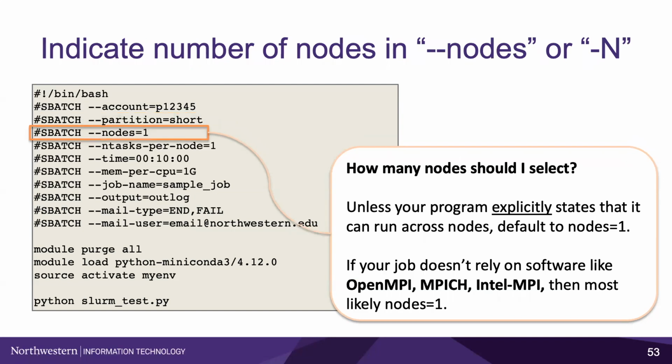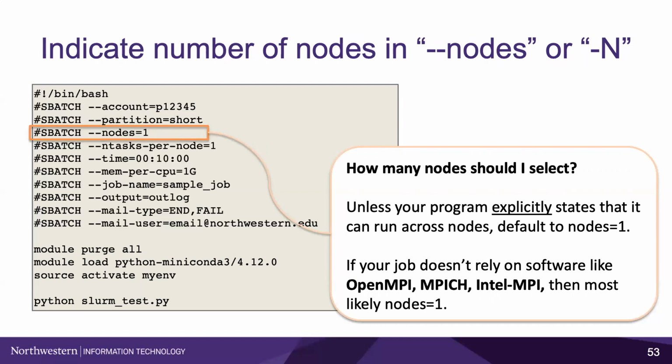Next up is the nodes directive. This is where you indicate the number of nodes that you want to request for your job. And as I might have mentioned in a previous video of this series, here nodes means the same thing as computers. So how many computers do you want to request for your job?